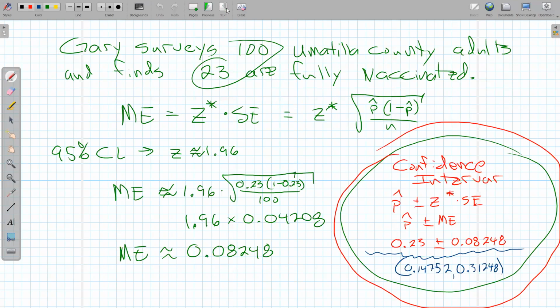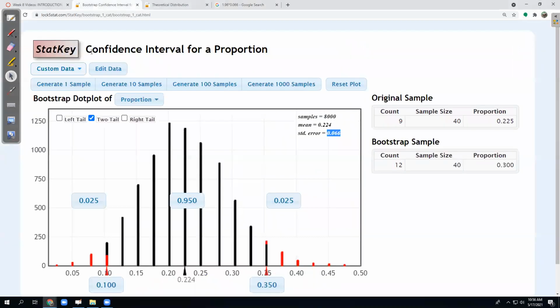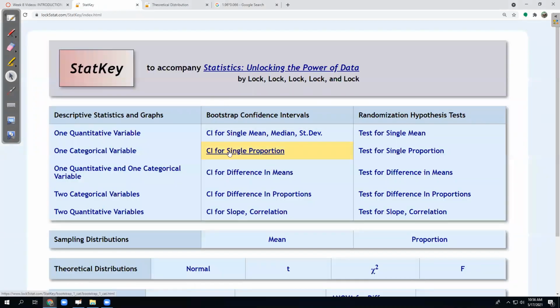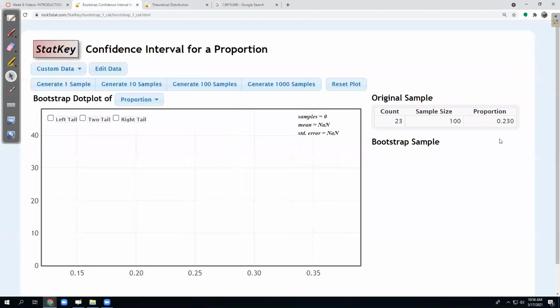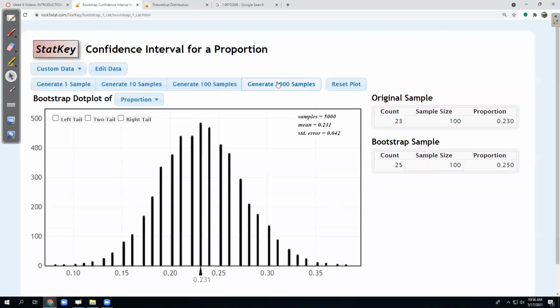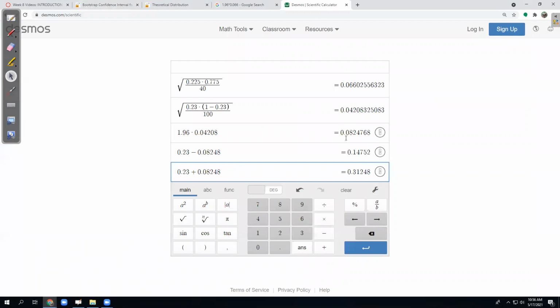Let's double check with StatKey to see if it agrees on the standard error and this interval. It won't be the same, but it should be close. So if we go over to StatKey, confidence interval for proportion, we enter our data, which this time is 23 out of 100. StatKey says that's 23%. I'll run 8,000 samples like before. StatKey ends up with a standard error of 0.042, which is what we calculated right up here.